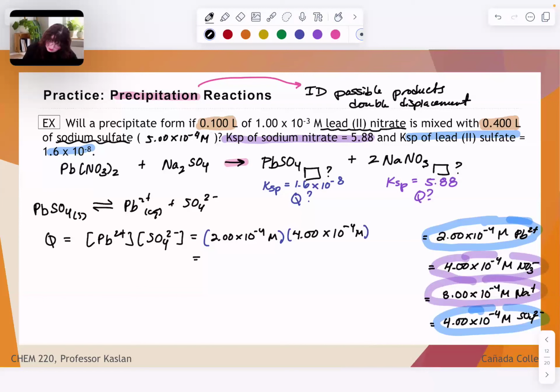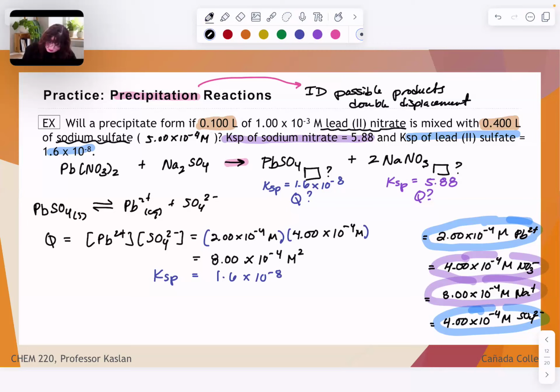This gives us 8.00 times 10 to the negative 8 molar squared. And KSP was 1.6 times 10 to the negative 8.